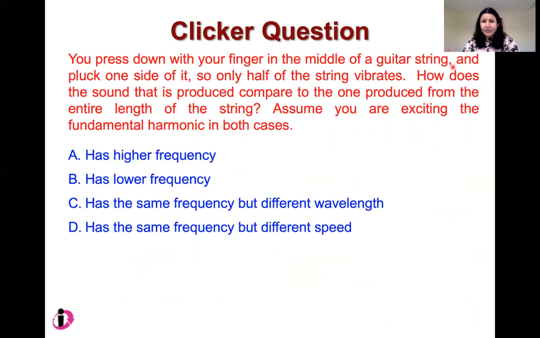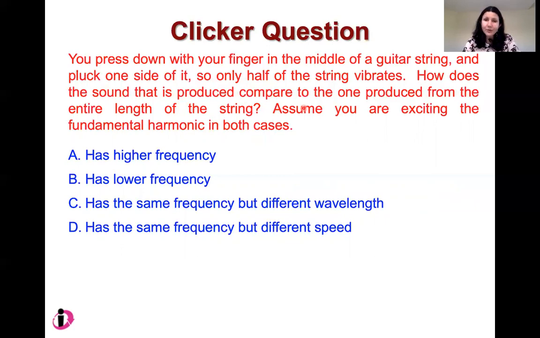So you imagine your guitar string, you press on it, and then you pluck only one side in such a way that only half of the string now vibrates, not the whole string, but half. How does the sound that is produced compare to the one that is produced from the original entire length of the string? Part of the things that musicians do is that they change strings, but then they also put their fingers on different parts of the string.